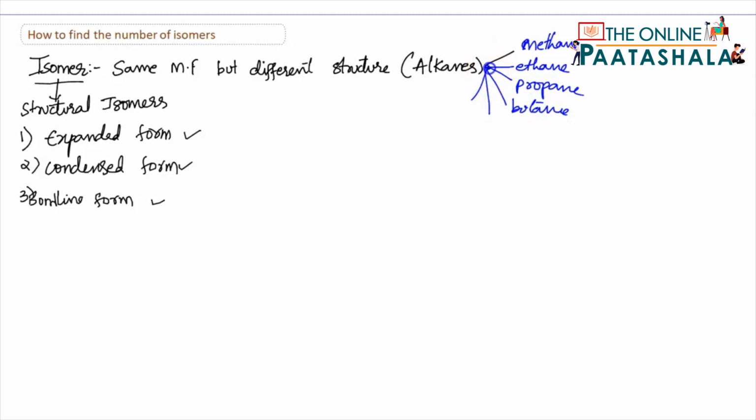There are other alkanes also. By taking each example, we will see how the expanded form, condensed form, and bond line form are written.